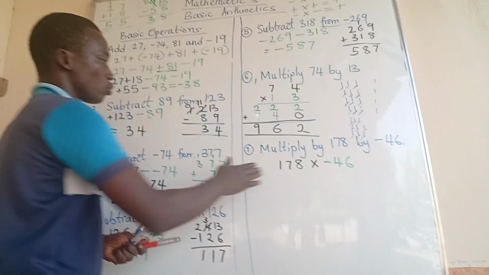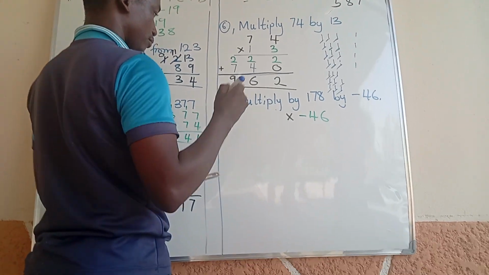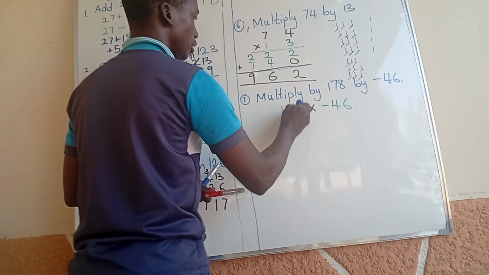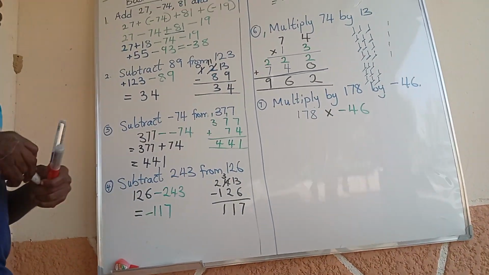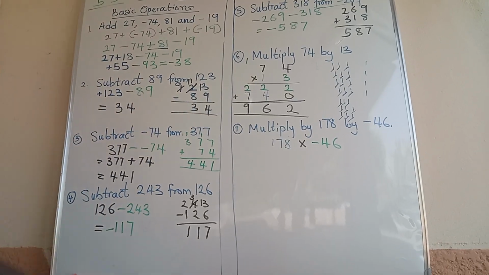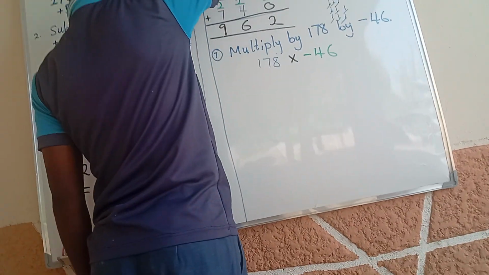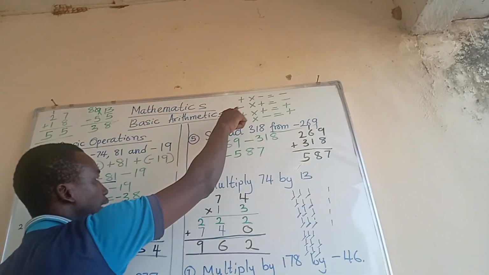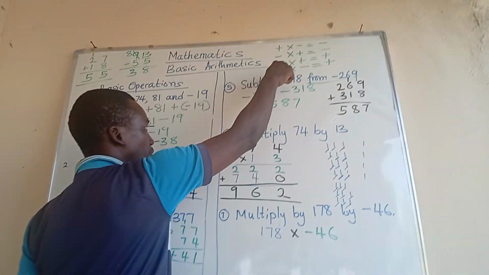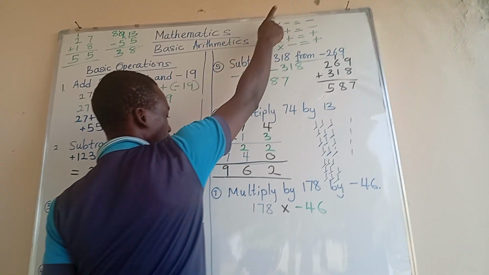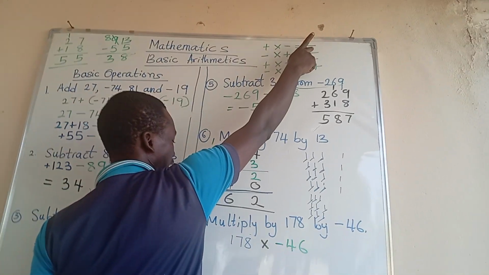So we have to use the positive to multiply the negative. And remember what I gave us here, that a positive multiplied by negative will give us a negative answer.